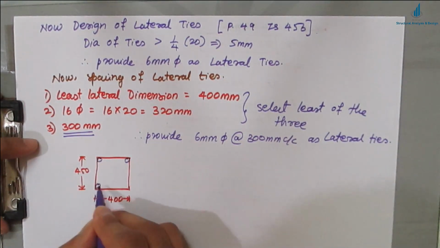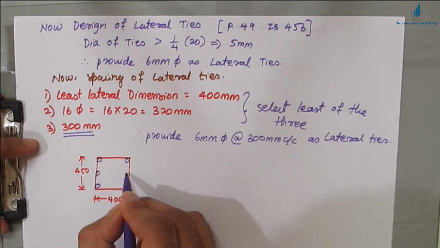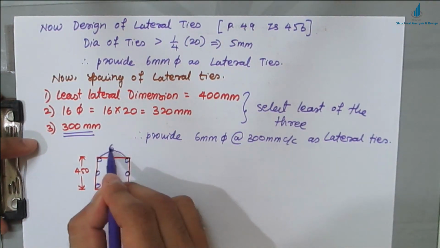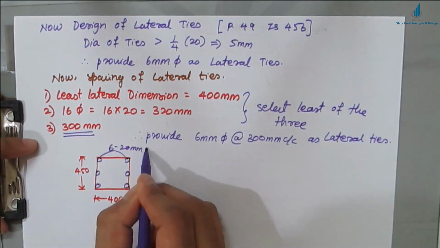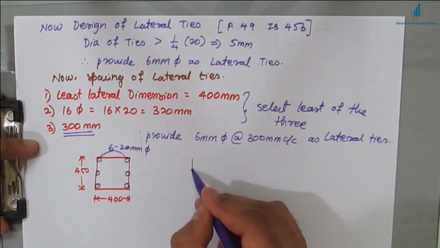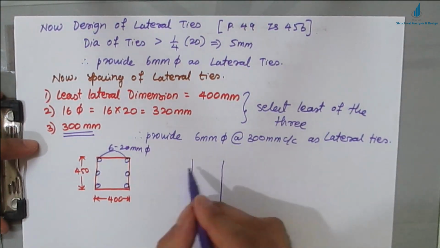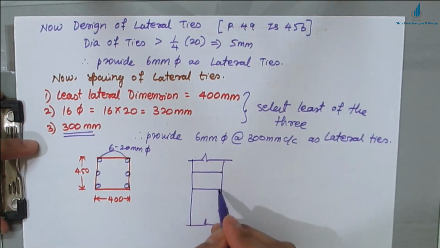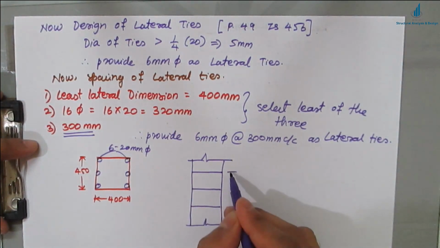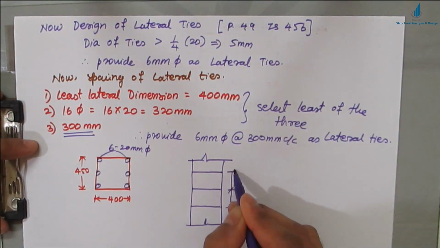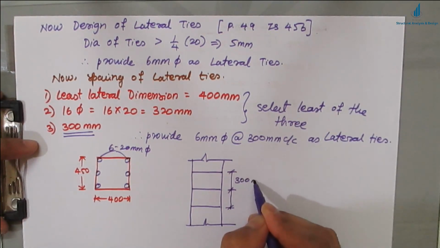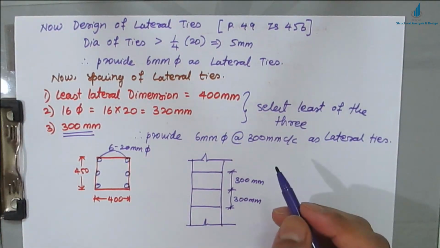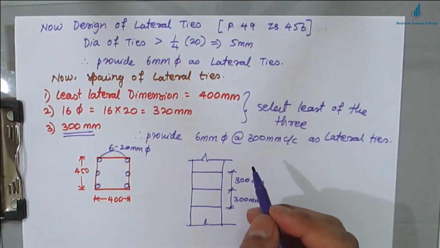So first you can provide your corner bars and you can provide here. So this will be your 6 bars of 20 mm phi, and this is how it looks, with the spacing of ties 300 mm. So this is how you have to design a rectangular axially loaded column.